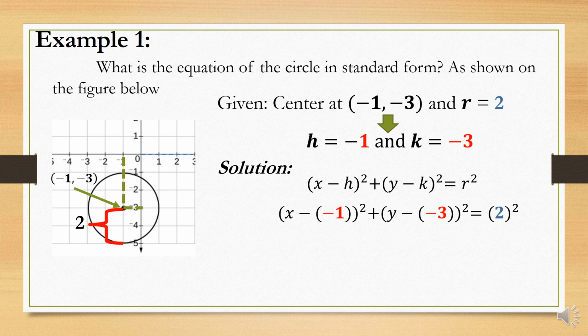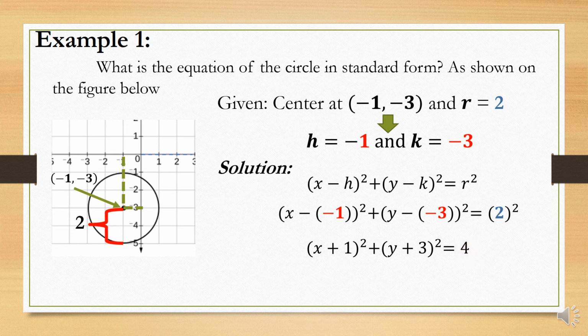Then, performing the operations, we have x minus negative 1, so this will become positive 1. Then y minus negative 3, so this will become positive 3. 2 squared is equal to 4.